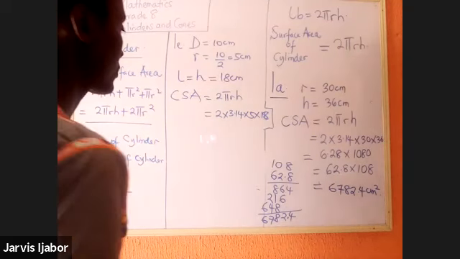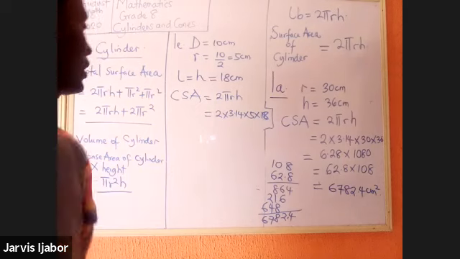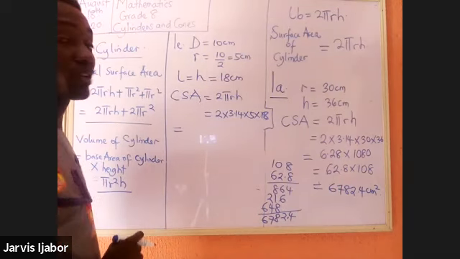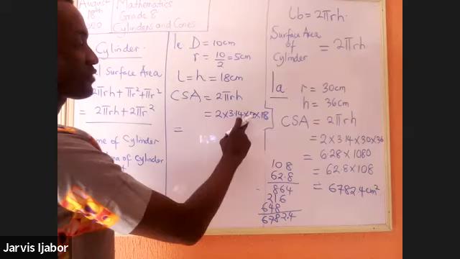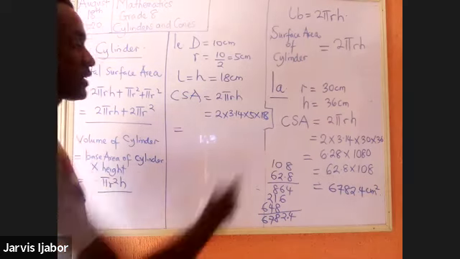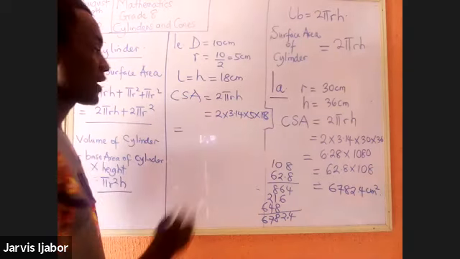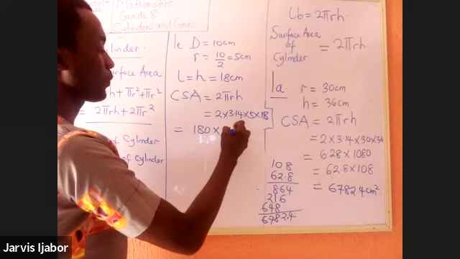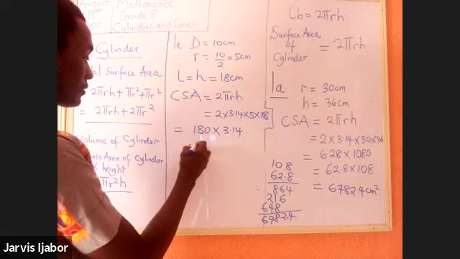All right, so you multiply out. What does that give you? Now, the trick here is to know what you multiply. 5 times 18 is 90. 90 times 2 is what? 180. So that's 180 times 3.14. So I'll do that.